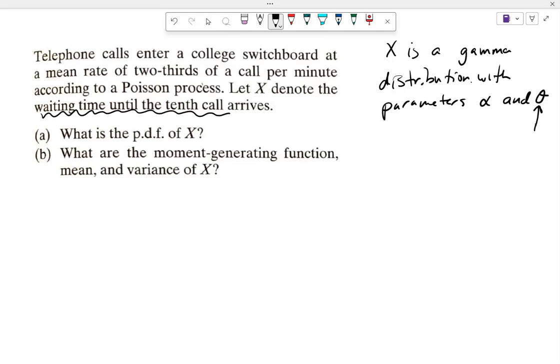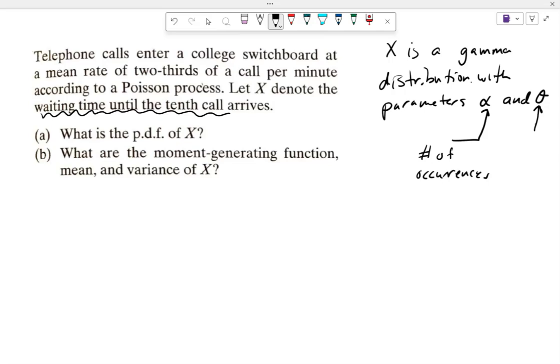This theta is the same theta as your exponential distribution. It doesn't matter what that is, that's your same theta as the exponential distribution. This is your number of occurrences. Now, in this case, it says 10th occurrence, so your alpha would be 10.